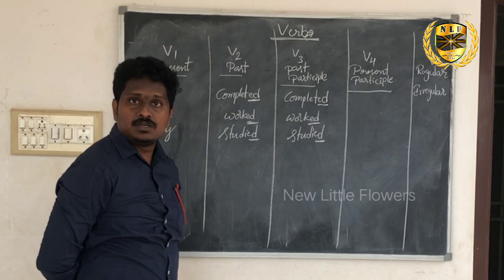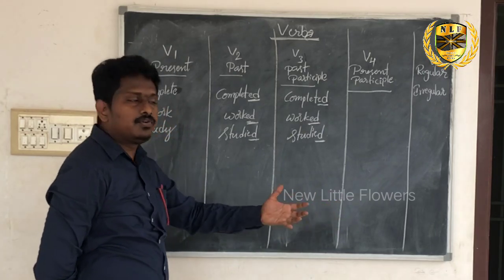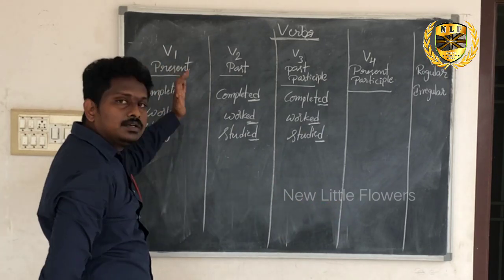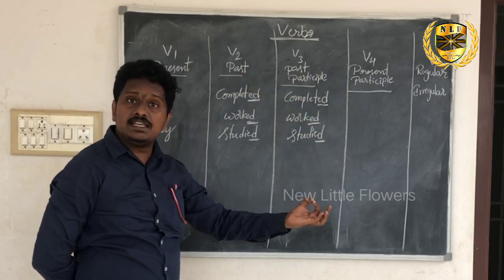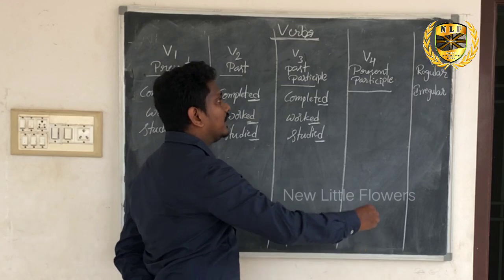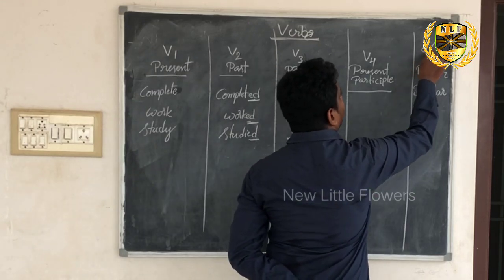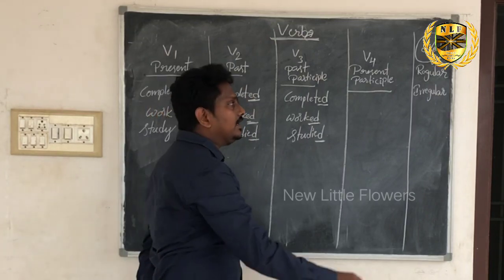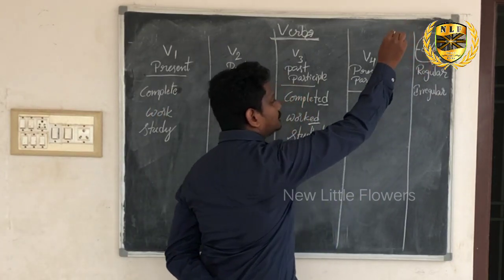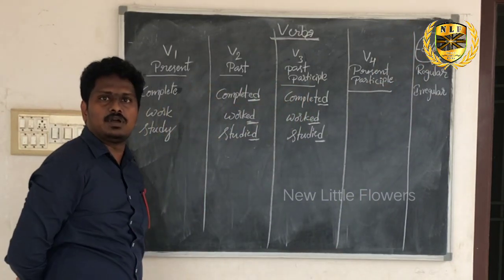Regular verbs means we modify V1 to V2 and V3 just by adding D or ED. Okay? Just by adding D or ED. Such type of verbs are regular verbs.